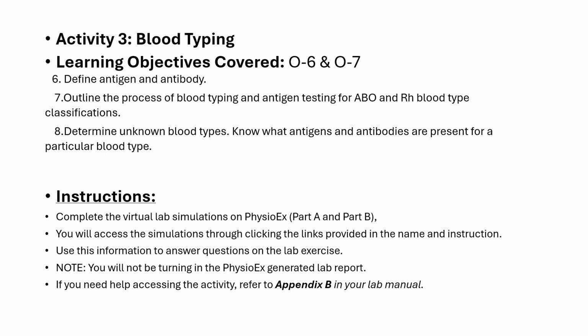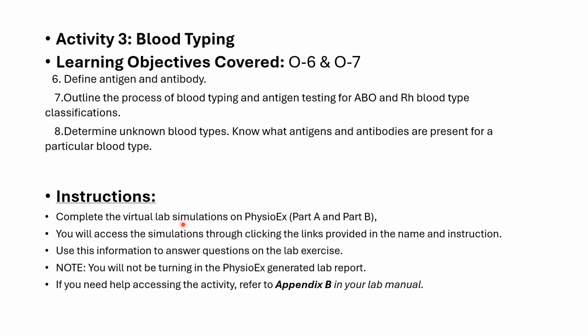And now this is activity number 3. It is blood typing, and the learning objectives are that you have to define antigen and antibody. Please go to your textbook to find the definition, and then you have to outline the process of blood typing and antigen testing for ABO and Rh blood type classifications. For this, we want you to go to your virtual lab simulations.